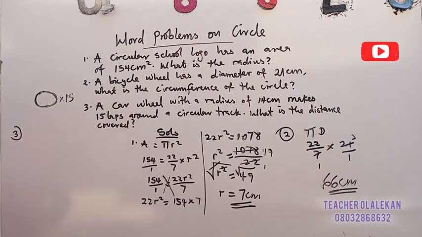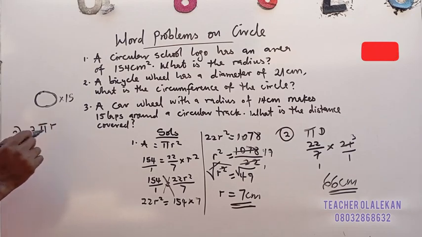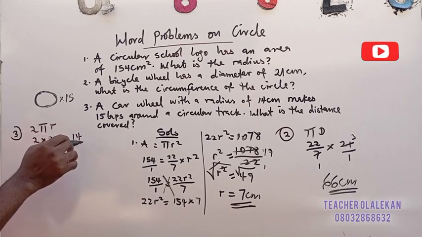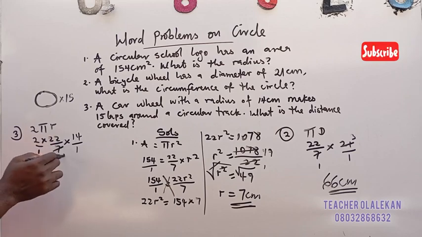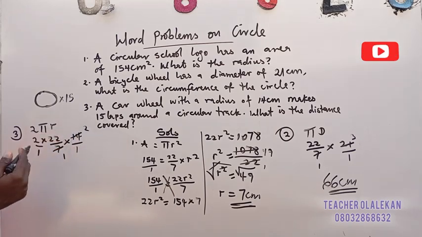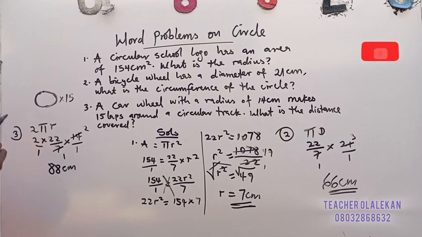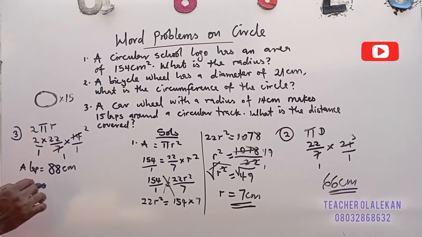We have a radius there, so we apply 2 pi r. So that will be 2 times 22/7 times our radius, which is 14. We can give this over 1, denominator 1 here 2. So that becomes 88 centimeters. So a lap is 88 centimeters. For 15 laps, that will be a lap times 15.